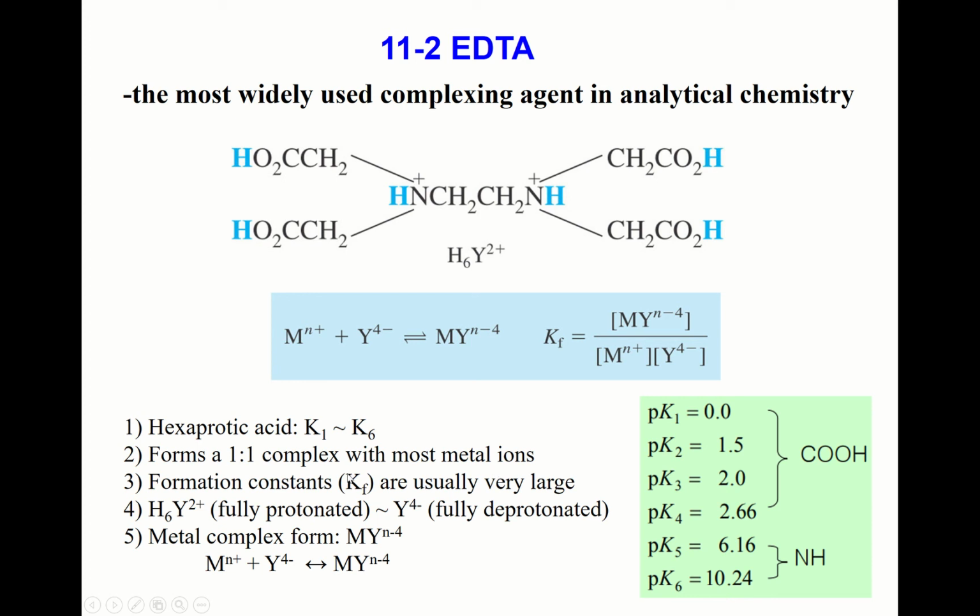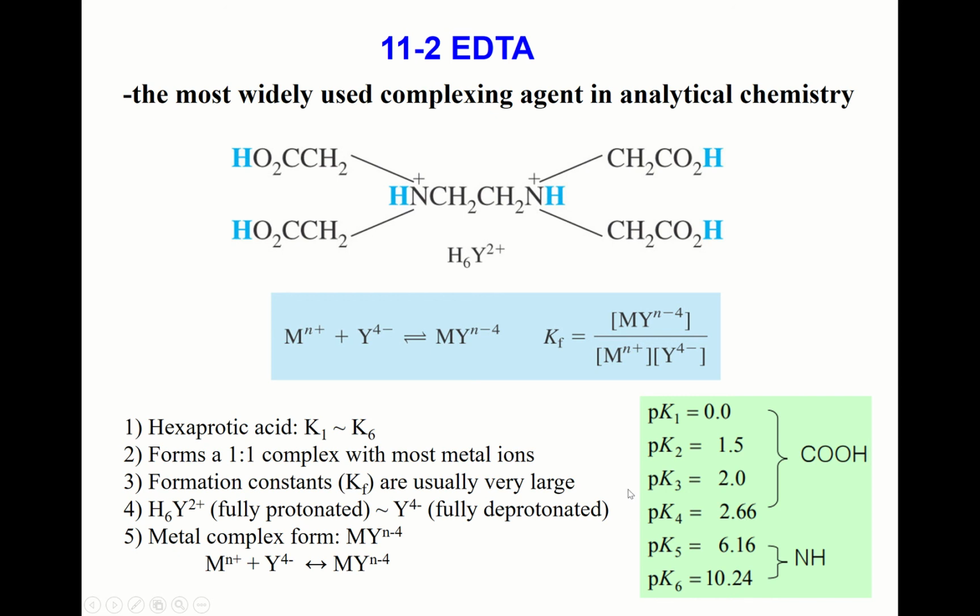By the way, there are six equilibrium constants. pK1 is 0, so this form is a very strong acid, pK2 is 1.5, pK3 is 2.0, and pK4 is 2.66. These protons are the carboxyl protons. pK5 is 6.16 and pK6 is 10.24; these two protons are from the amine groups.